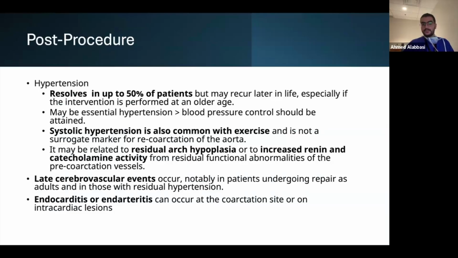And obviously, the differential for this will remain essential hypertension, but it may actually be related to residual arch hypoplasia, and it may actually be residual aortopathy or residual vascular changes, which would increase your renin and aldosterone system and catecholamine activities. So you may have residual hypertension in a lot of these patients, despite fixing the actual stenosis. You may actually get late cerebrovascular events, and as mentioned, endocarditis or endarteritis.